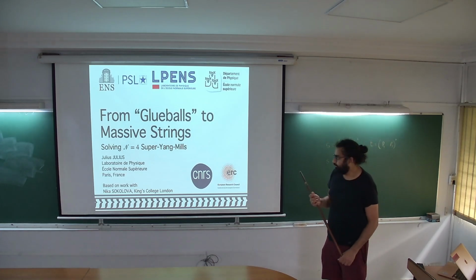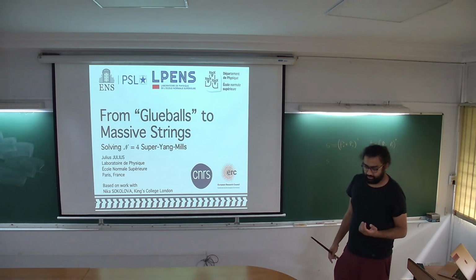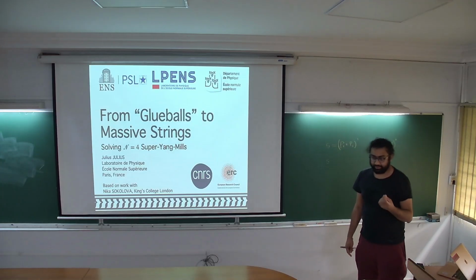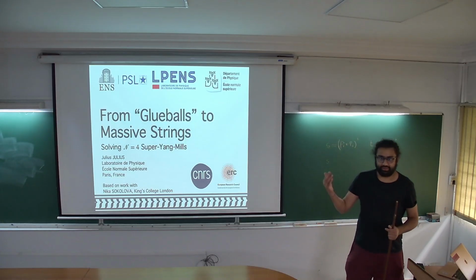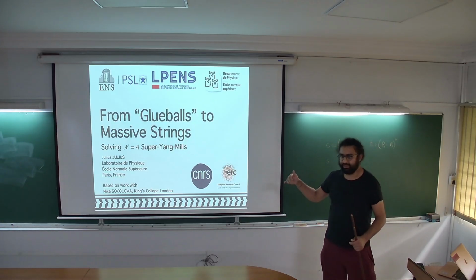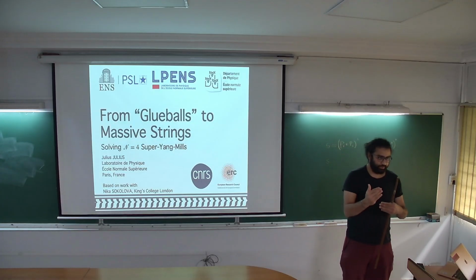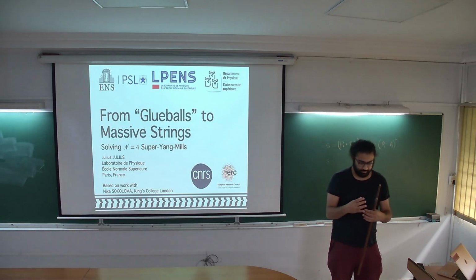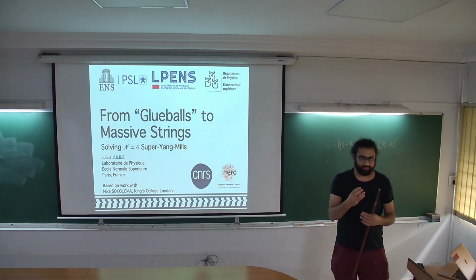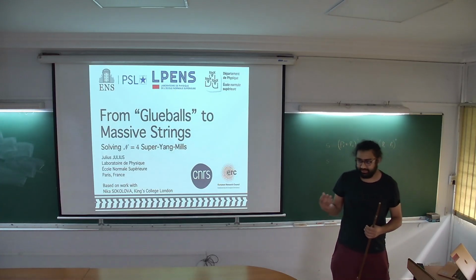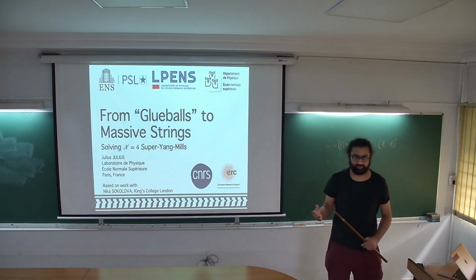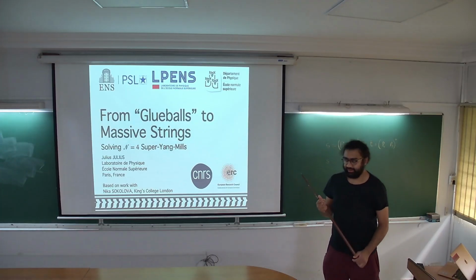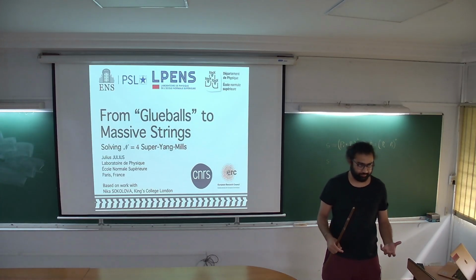At the same time, N=4 super Yang-Mills theory also has a particular limit called the planar limit. This is the limit when you take the rank of the gauge group to infinity and the Yang-Mills coupling to 0 in such a way that you keep the product of the two constant. In this limit, there is also the emergence of an integrable structure in this theory, which actually allows you to solve the spectrum.